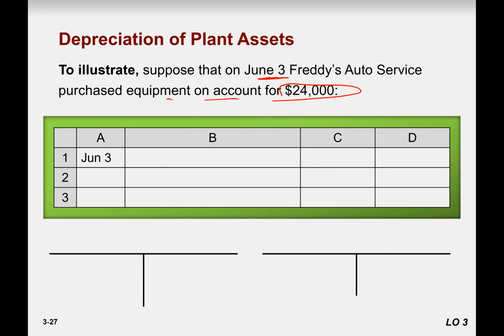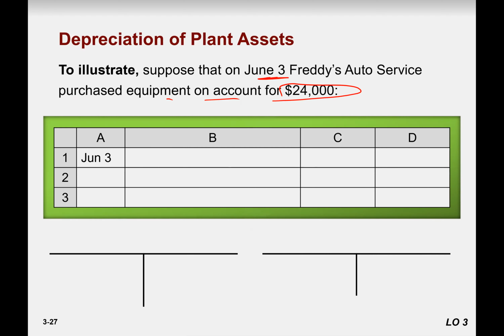Equipment. Equipment expense on credit for 24,000, and then, yeah. So remember, equipment is an expense. Ploy? No, sorry. It's just equipment.